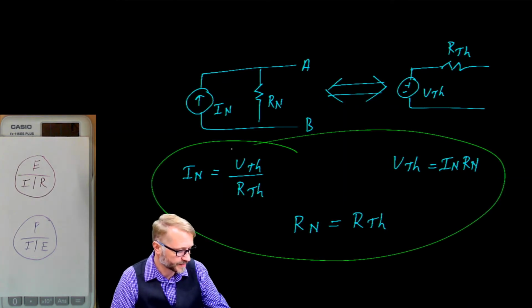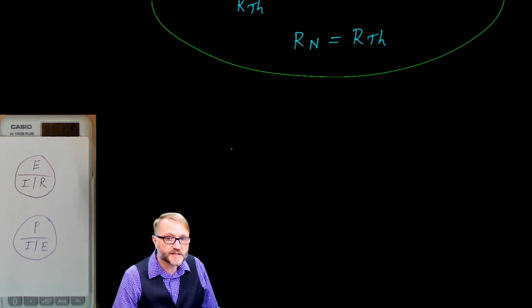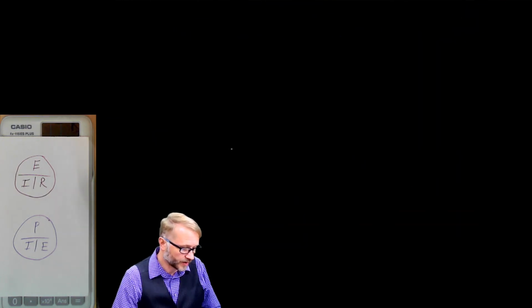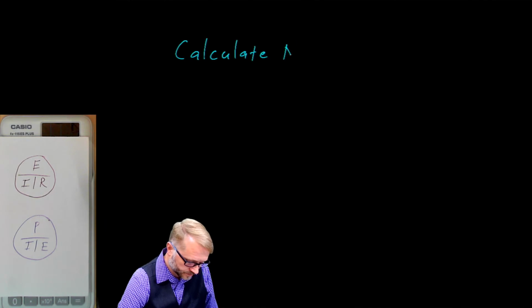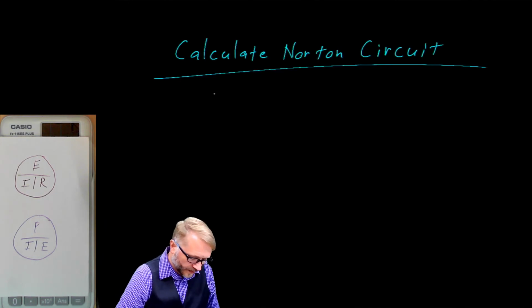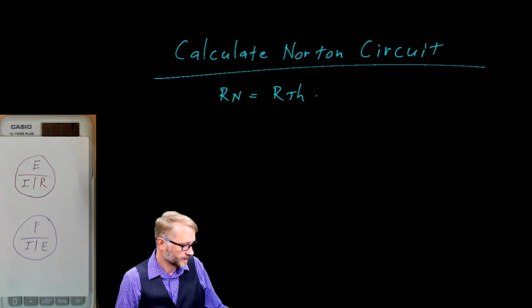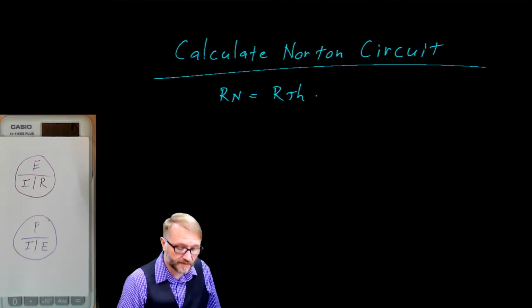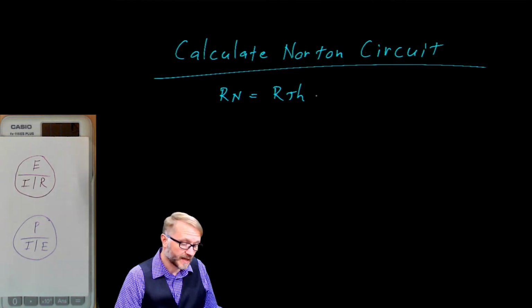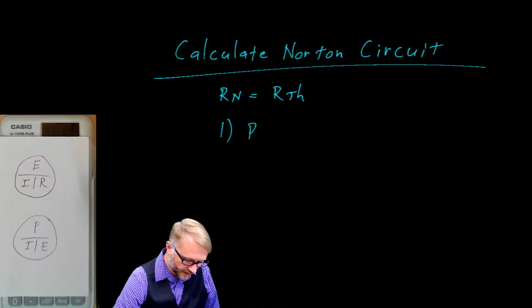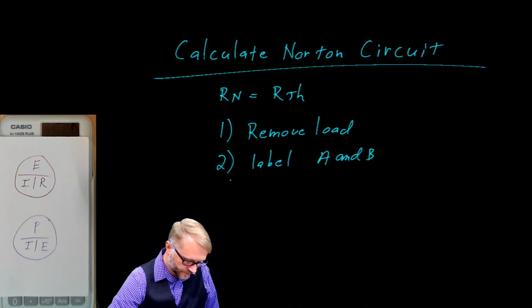Very useful things. There are steps to calculating a Norton circuit. Now we know that the Norton resistance is equal to the Thevenin resistance, which means many of the steps are exactly the same as between Norton and Thevenin. So our first step is remove load, label the terminals, zero those sources.